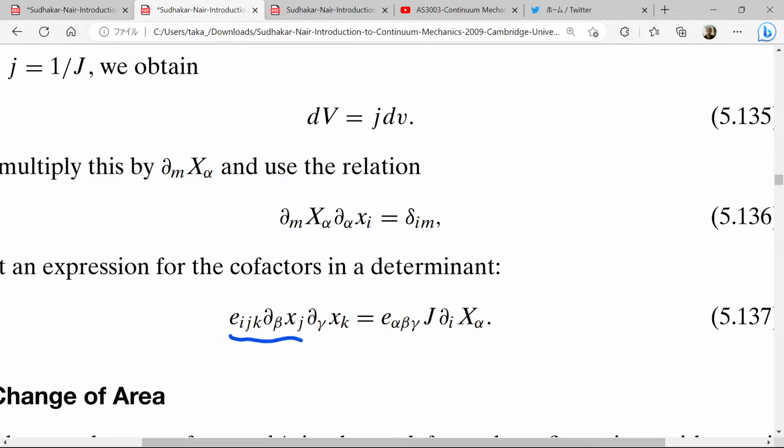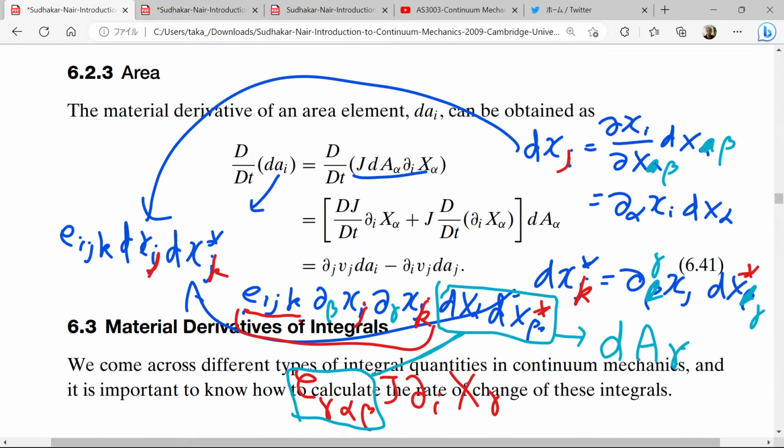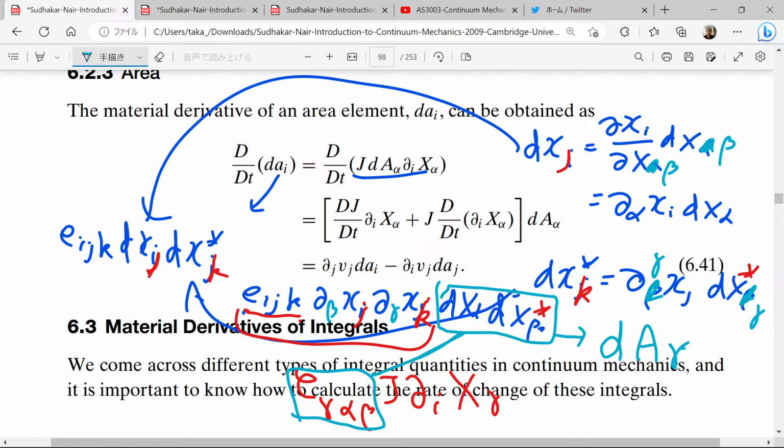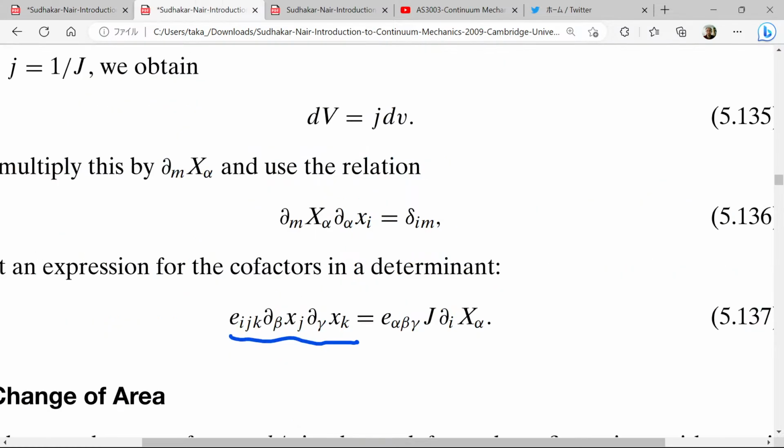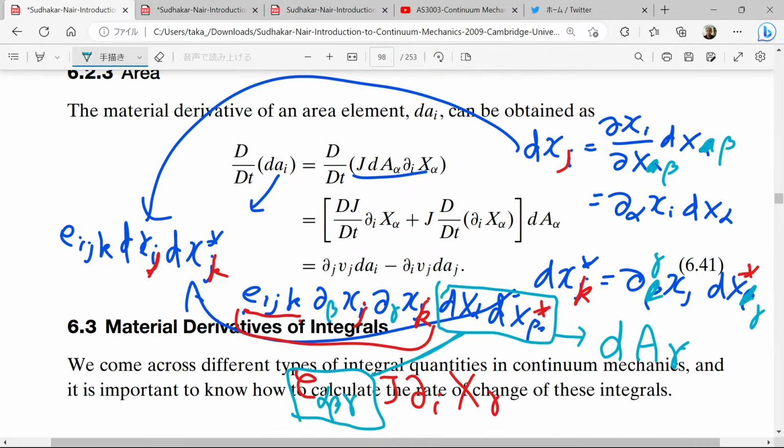Beta j gamma k become epsilon alpha beta gamma. Here is alpha beta gamma j partial i x alpha. So now here this is alpha.